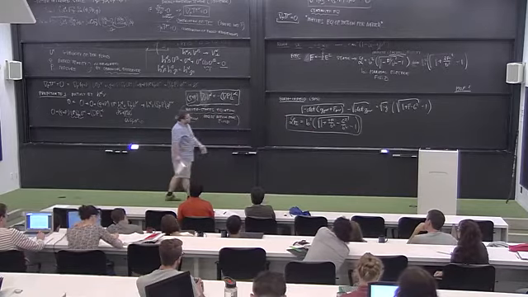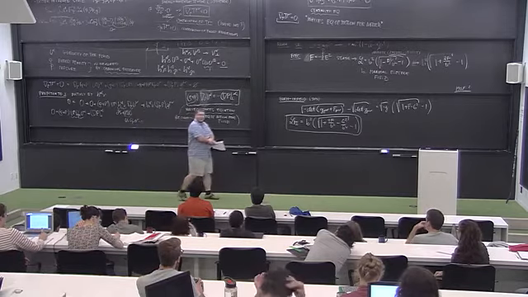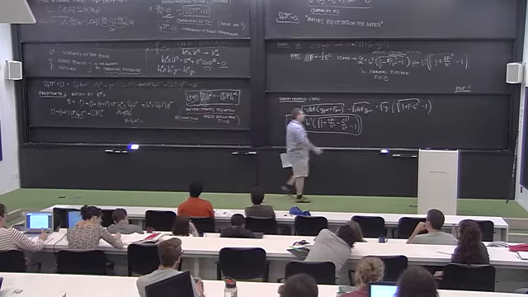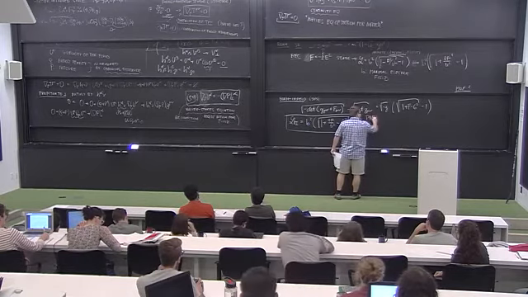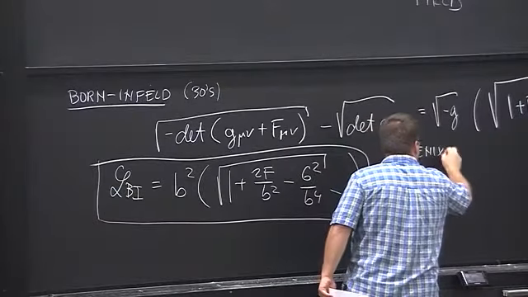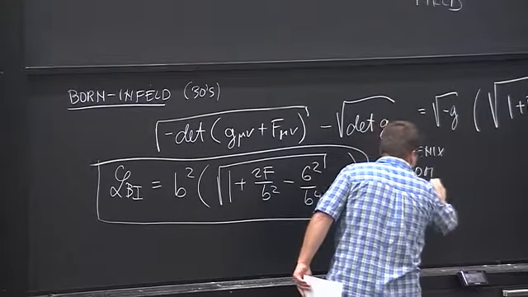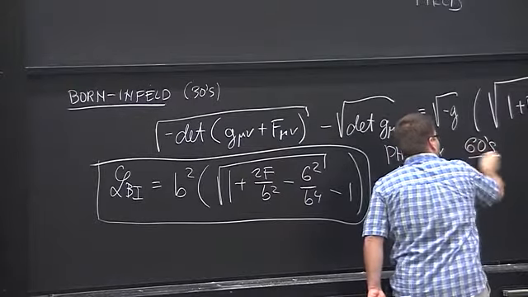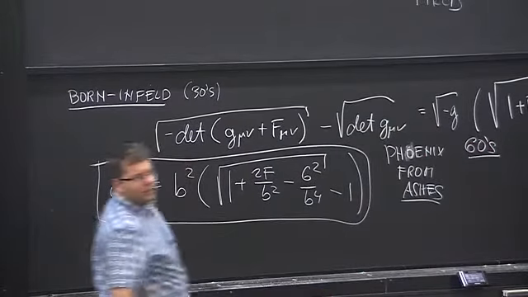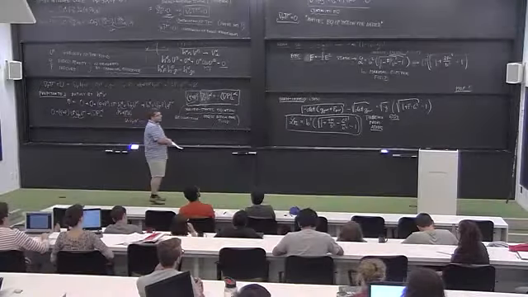All right. So now this was in the 30s. Then people were really interested in these things in the 60s. So this thing is like Phoenix from the ashes. So in the 60s, people like Plebański, this famous Polish relativist, was really interested in the theories of nonlinear electrodynamics.